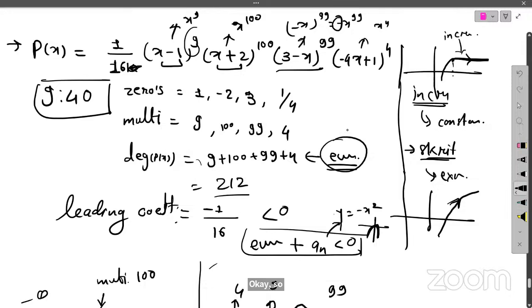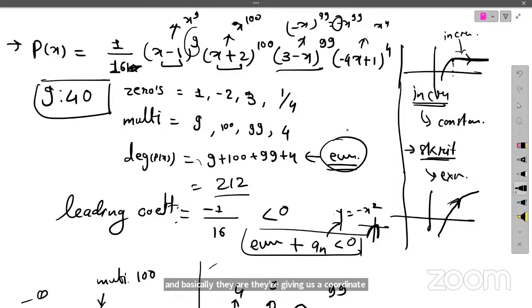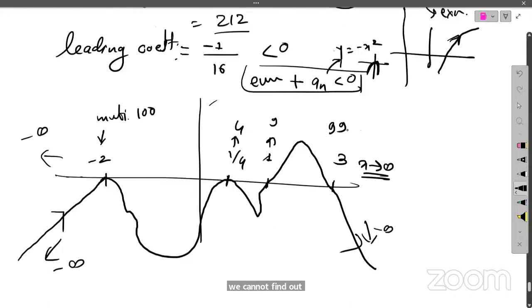Ma'am, suppose we are given a function with any odd degree, maybe 5, 7, or maybe even 4, 6, and basically they're giving us a coordinate, maybe 6 comma infinity, and they're asking whether the graph is strictly increasing at this point. Since we are given only the function and we don't know the factors of it, and the degree is such that we cannot find the factors, how can we conclude that?